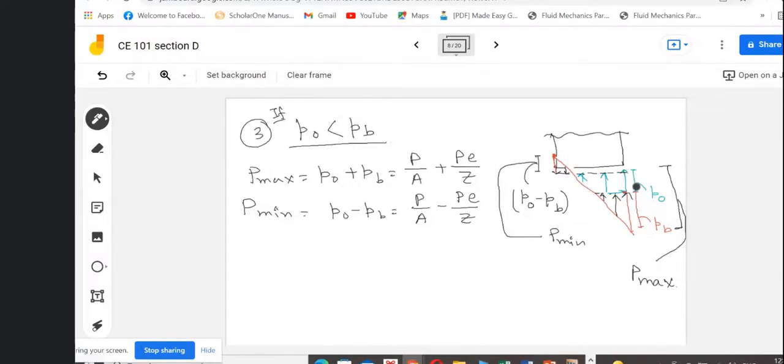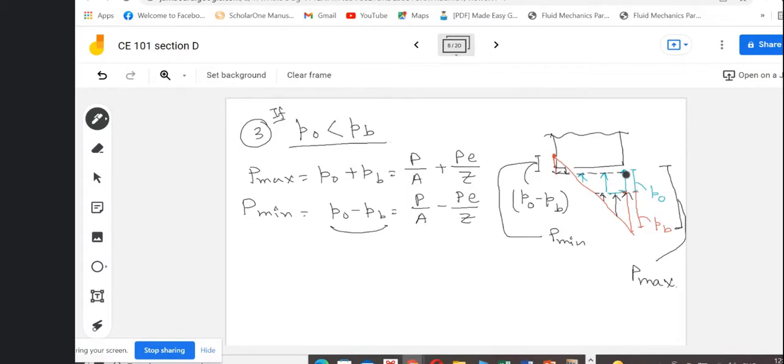So this is P naught, the uniform stress. This was PB, which is of higher magnitude as compared to P naught. So it is added up. This is P max, where this becomes now negative because PB has become higher than P naught. Negative means this will go in the opposite direction.